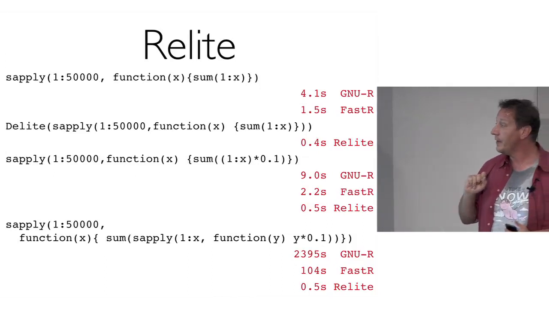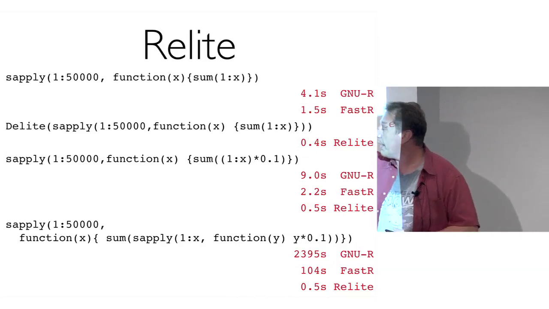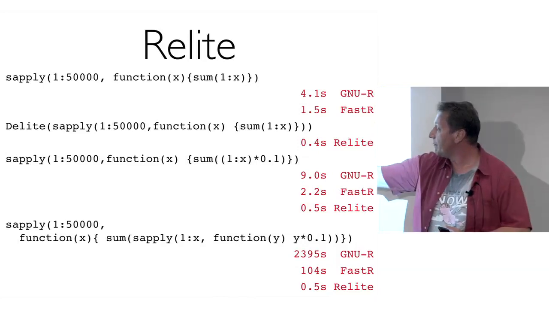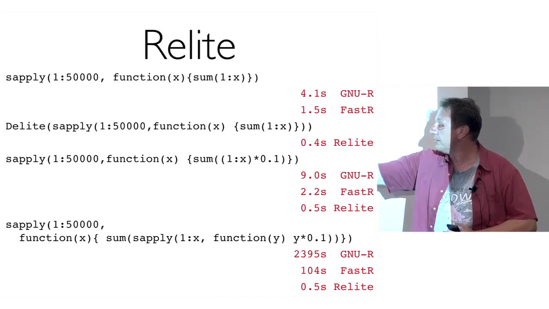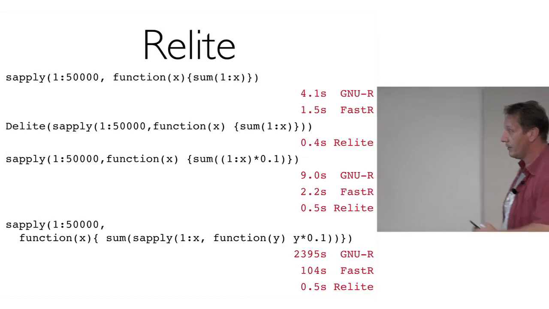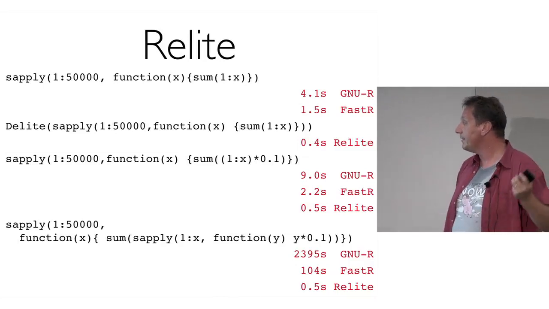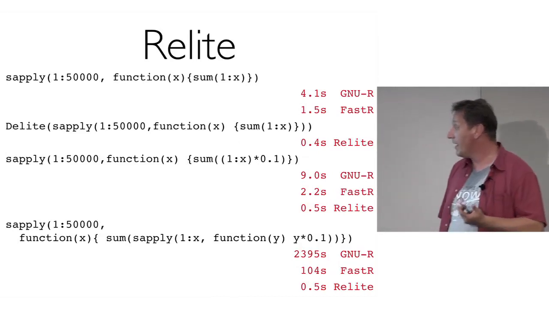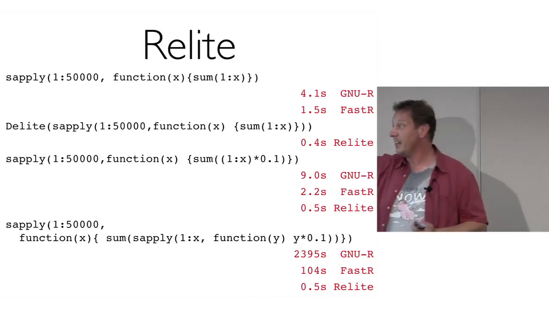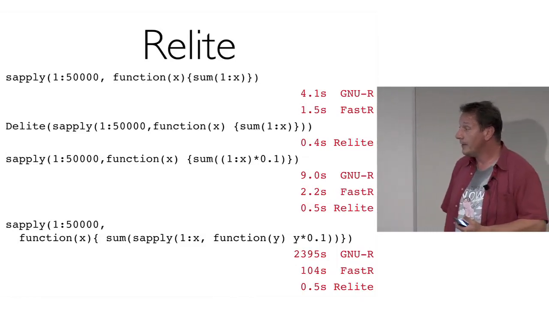Not too bad. We can make things a little more interesting by creating the sum of this vector, a vector from 1 to x, multiplied by 0.1 every time, for 50,000 times. In R it's 9 seconds, in FastR it's 2 seconds, and in Delight it's still 0.5 seconds. Frankly, the difference between these two is kind of small.